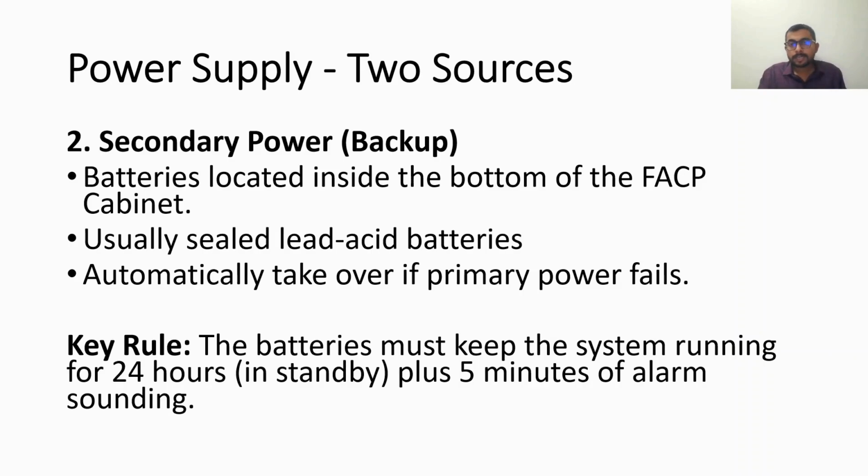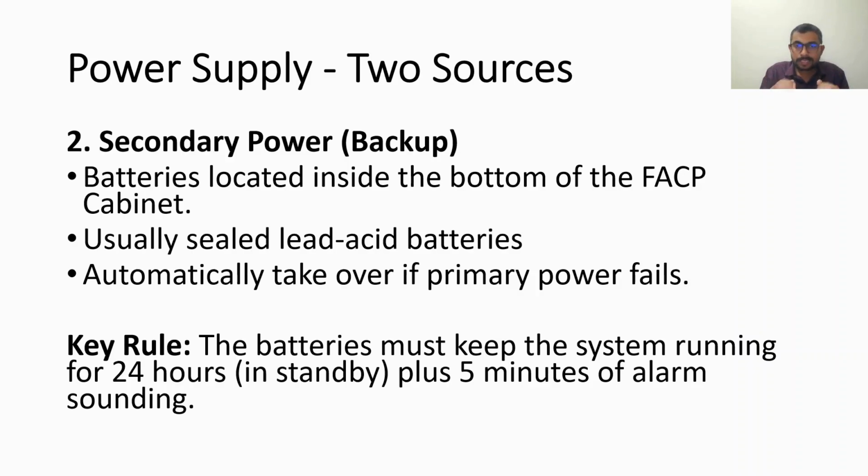The second one is the secondary power. We call this the backup power. The secondary power is coming from the batteries. Inside the panel, there is a provision to install batteries, on the bottom of the FACP panel. In all the panels, there is a maximum capacity of batteries that can be installed, depending on the size of the panel.